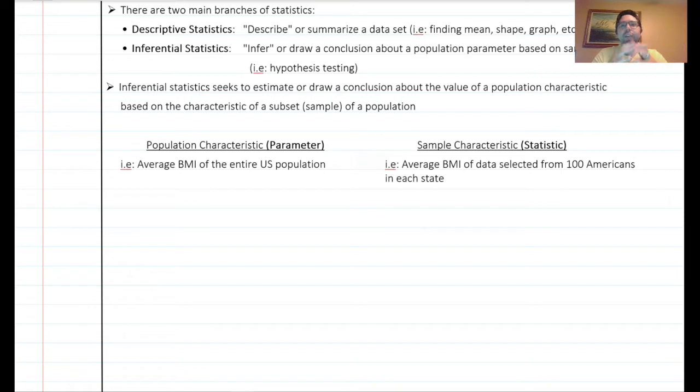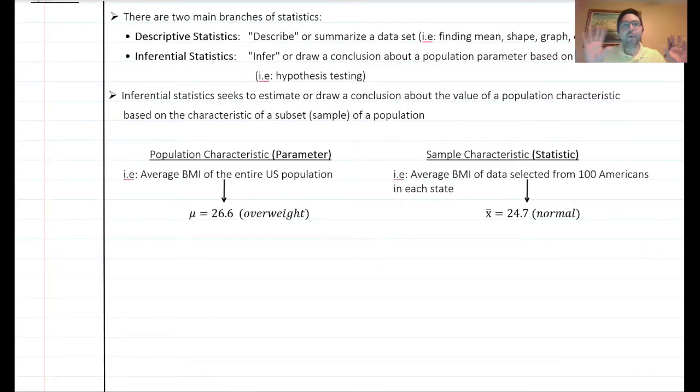So what we do is we take a portion of that population. Let's say we wanted to find the average BMI from 100 Americans in each state. That's probably more manageable as long as we had a big team to do it. And that will constitute our sample. Let's say, for example, that we knew the population average for BMI.